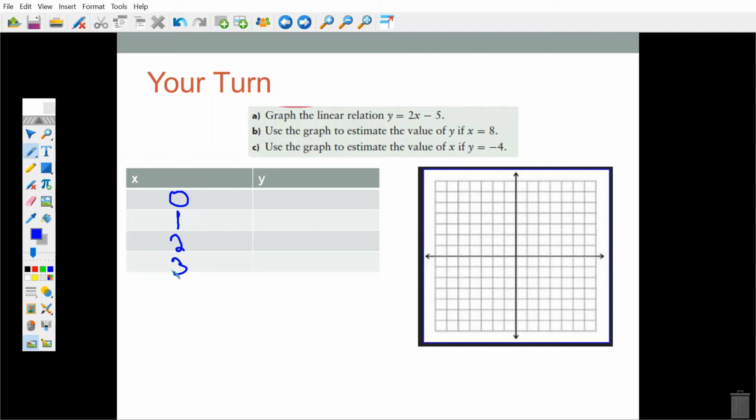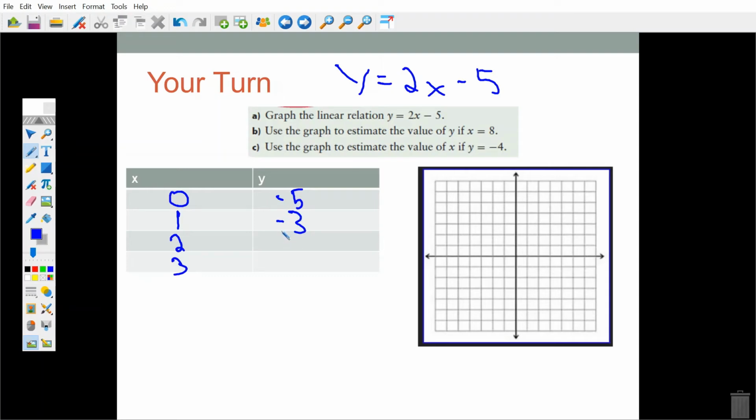I don't need my graph to be crazy. And then I sub them in. If I sub 0 into y equals 2x minus 5, 2 times 0 is 0. 0 minus 5 is negative 5. If I sub a 1 in for x, 2 times 1 is 2. 2 minus 5 is negative 3.